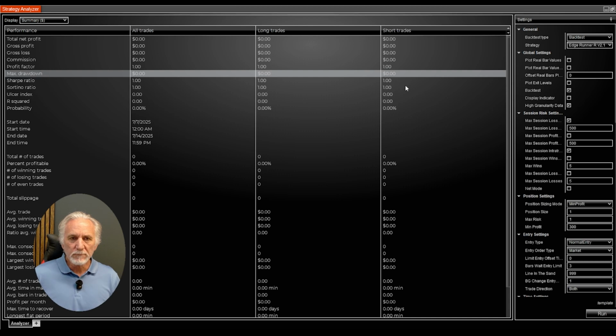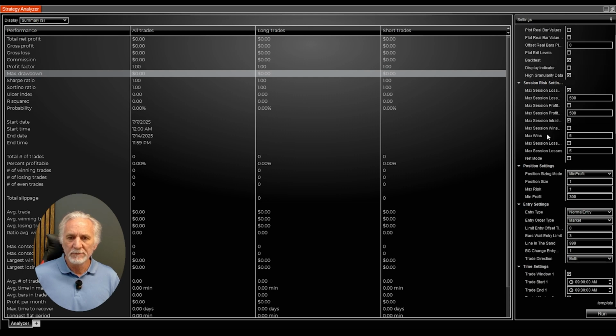So here we go. We've got the analyzer up here, backtest and EdgeRunner Auto 2.1. I'm going to go through these really quick. We need backtest mode, high granularity data. We're going to do a max session loss of 500, which requires this to be selected.